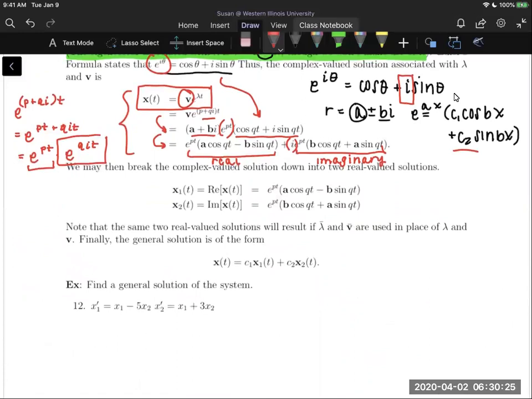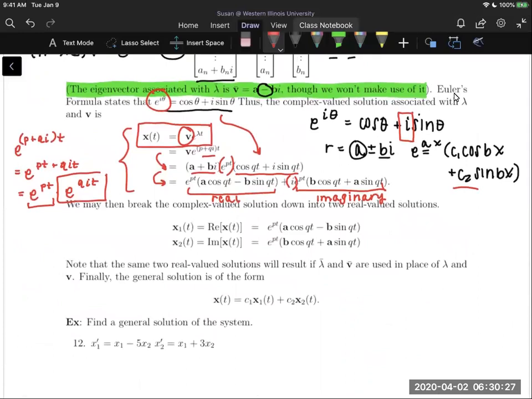So again, up above, I said, hey, look, we could have worked with the complex conjugate lambda bar, and it'll give us equivalent solutions. But just working with one of those eigenvalues is enough to give us the solutions x1 and x2, because we get two solutions, one being comprised of the real components, the other being comprised of the imaginary components.